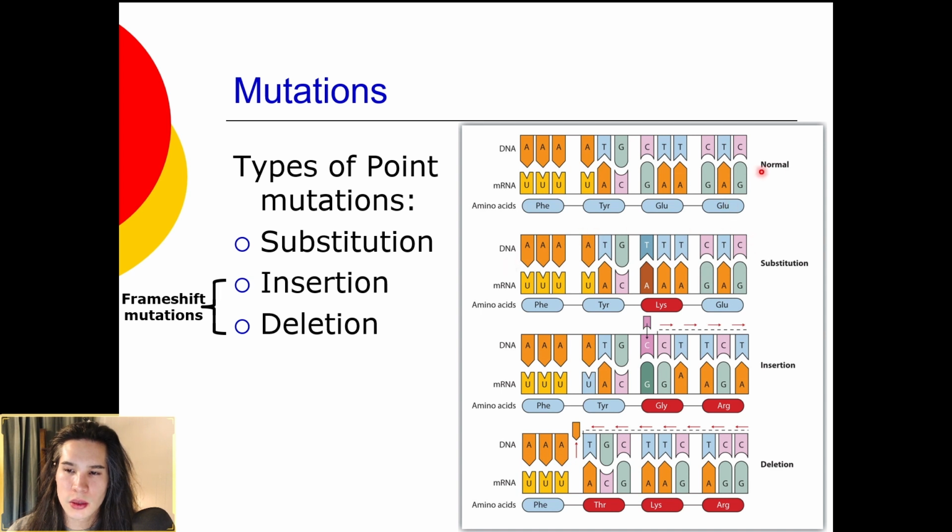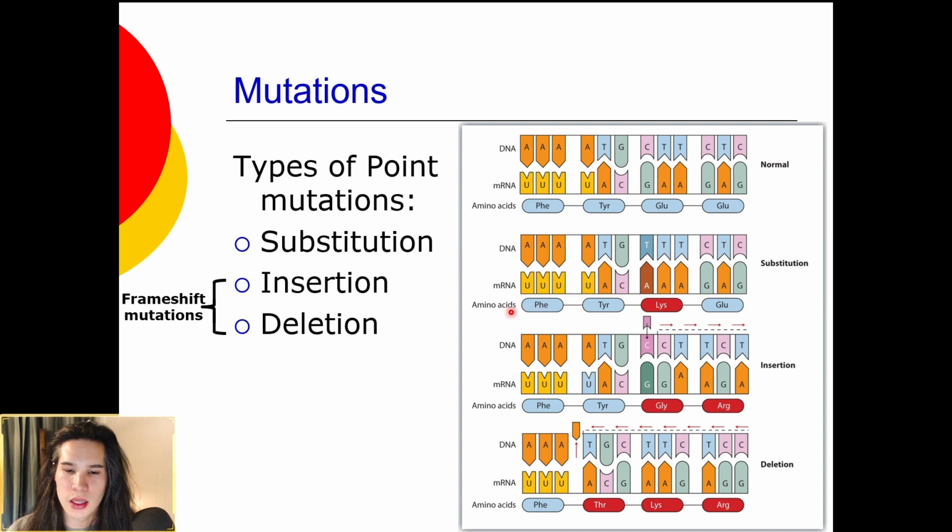And normally we would have UUU coding for phenylalanine, UAC coding for tyrosine, GAA coding for glutamine, and then GAG coding for glutamine. And so what happens when we get that substitution, so we change this part of our DNA, which leads to this change in our mRNA.